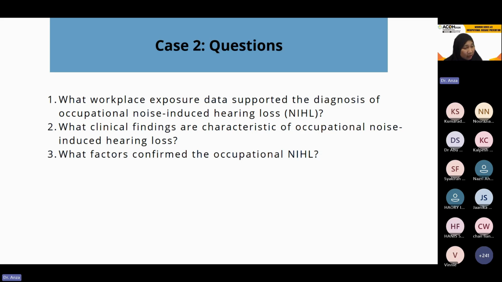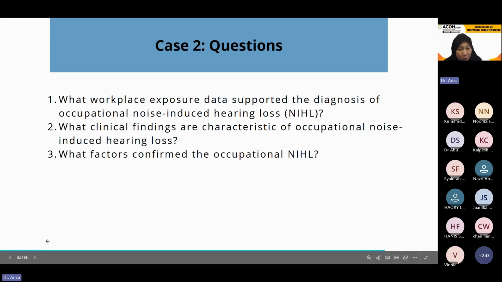Exposure to noise above the exposure limit, and the occupational history, which has been exposed to noise for more than 20 years. And also he did not wear the hearing protection. When someone removes the hearing protection, even for a few minutes, the effectiveness of the hearing protection will reduce significantly. So your answer is correct. Exposure more than 10 years.